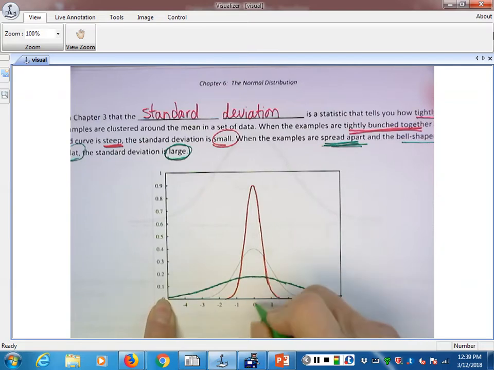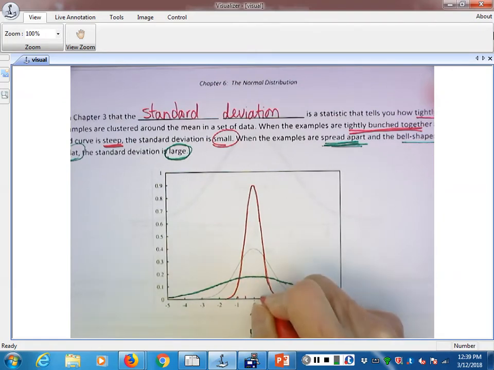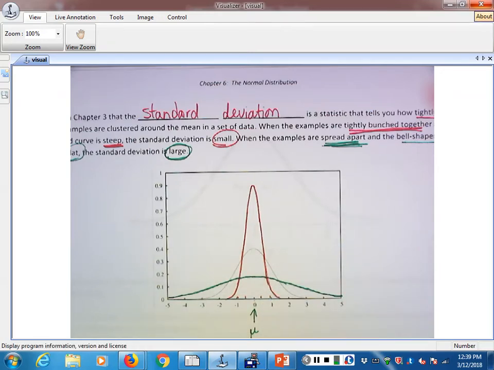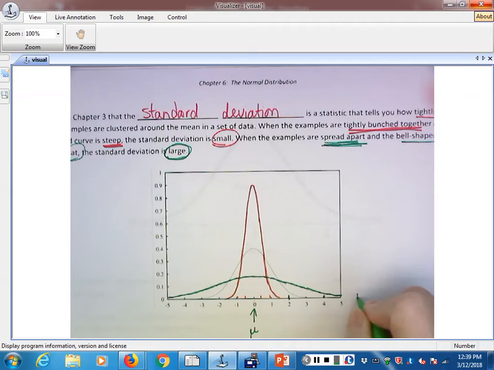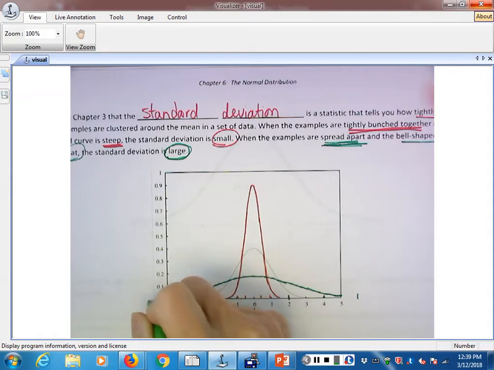Both of these curves are centered over the mean, which is mu, which is 0 in this particular case. But notice here, the standard deviation amounts are very, very small, maybe like 1/2. Whereas if I'm looking at the green curve, the standard deviation amount would be rather large, maybe about 2.